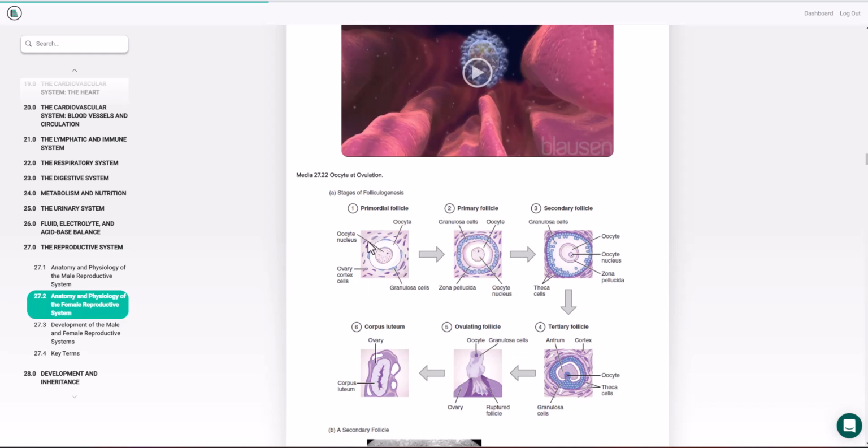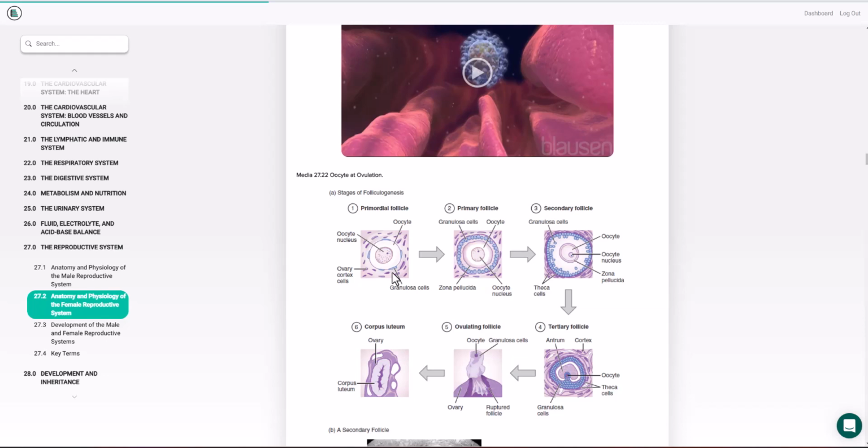So in the early embryo, from development on, there's the egg in the center, the oocyte, and there's just a little ball of cells around it, and that's a primordial follicle, small, found in the cortex of the ovary.